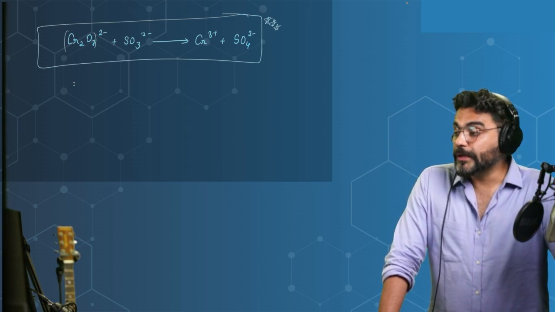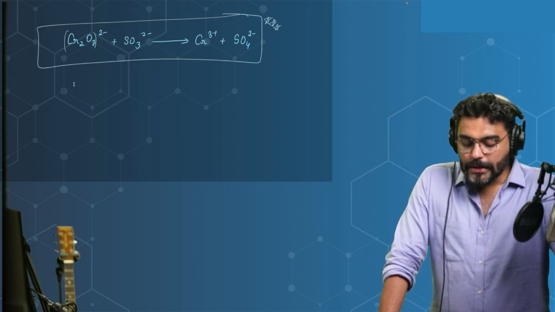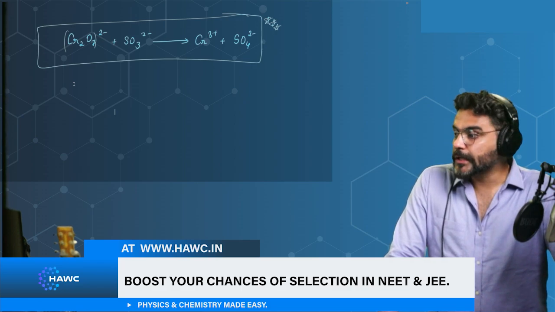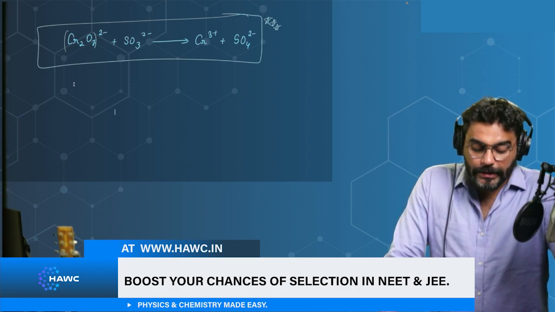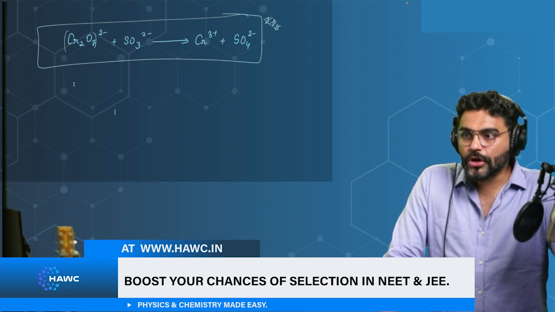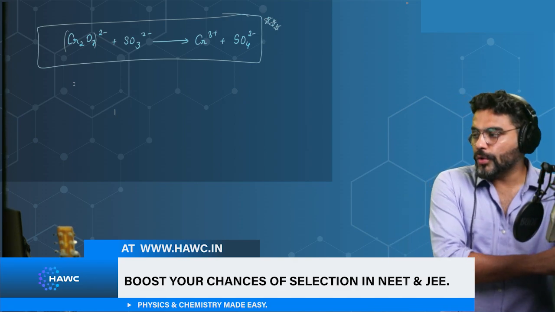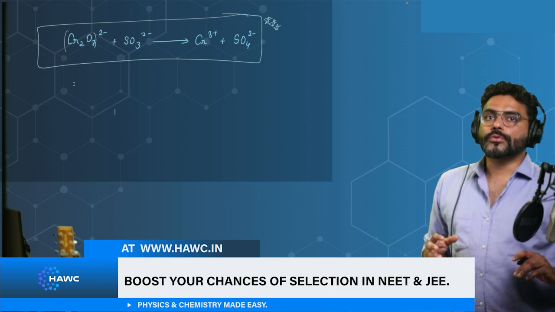So for example, Cr2O7 2-, SO3 2-, SO4 2-: in such cases we cannot just say directly that it is undergoing oxidation or reduction, because many times it becomes very complex.